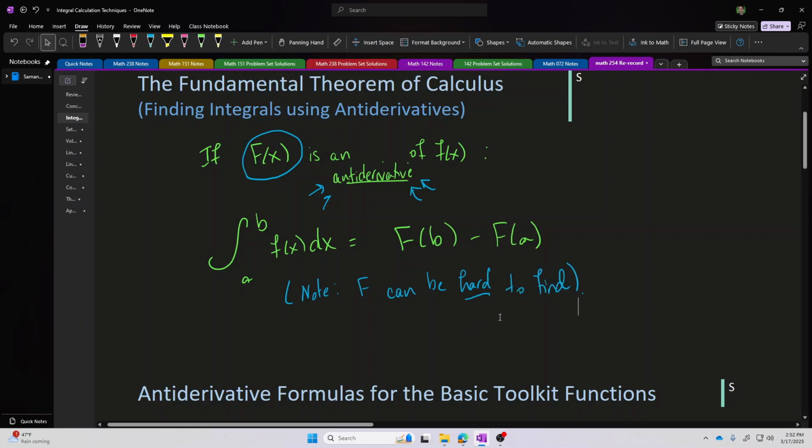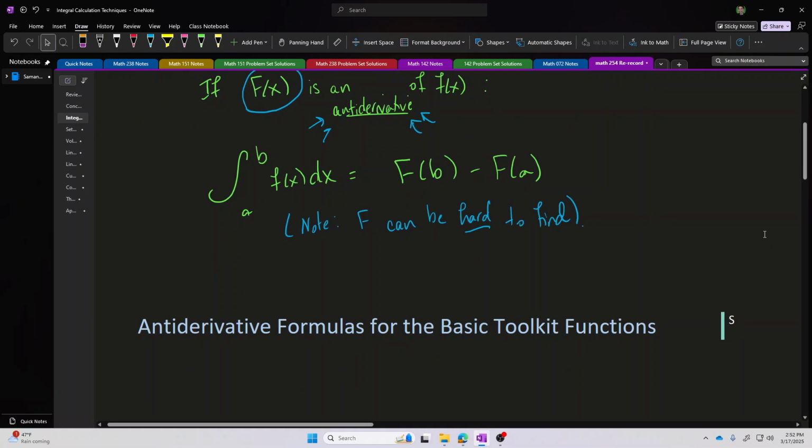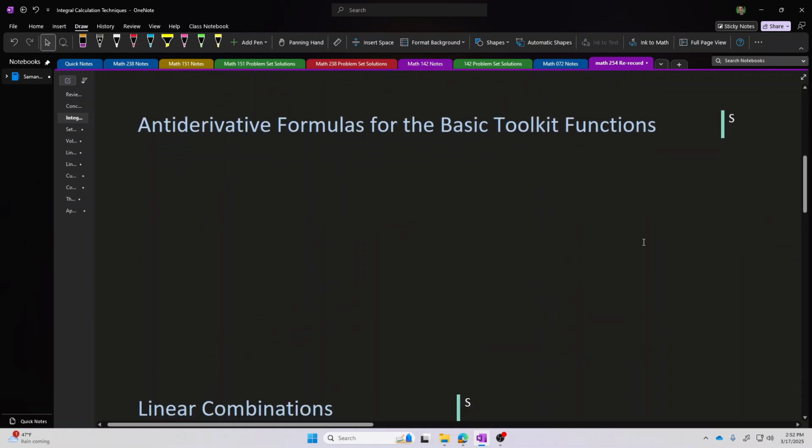Now, as we were reviewing Calculus 1, we noted that there were a couple of different basic toolkit functions, and those were the functions from which all other functions were created. The basic toolkit functions were things like x to the power n, e to the x, natural log of x, cosine of x, and sine of x.